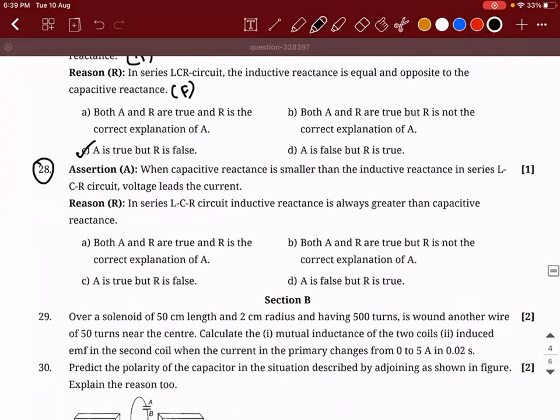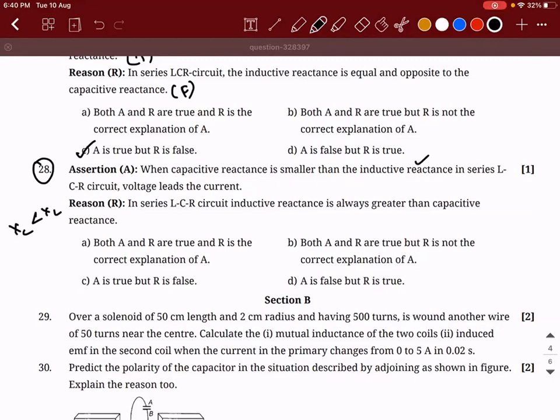28. When capacitive reactance is smaller than the inductive reactance in a series LCR circuit, voltage leads the current. True or false? It is true. When capacitive reactance XC is less than XL, it becomes more like an inductive circuit.